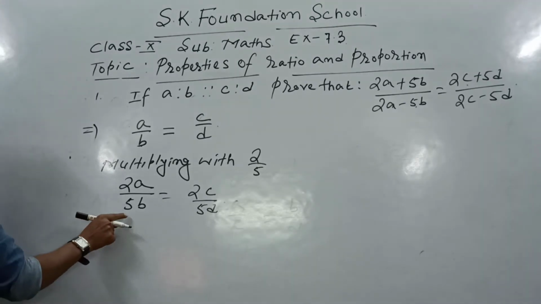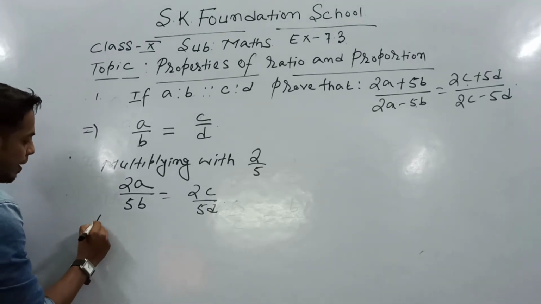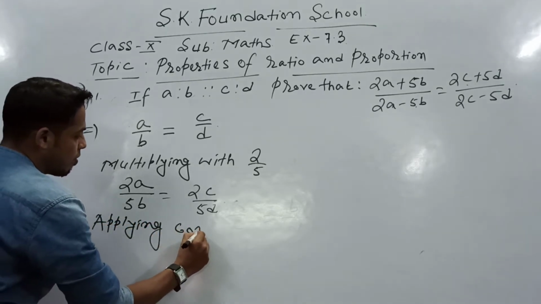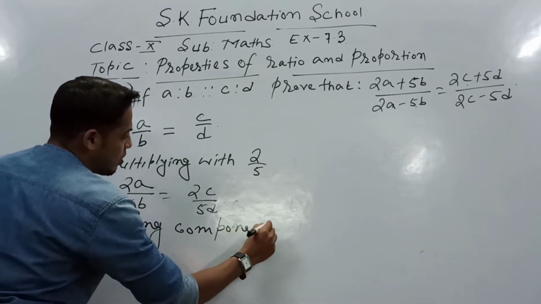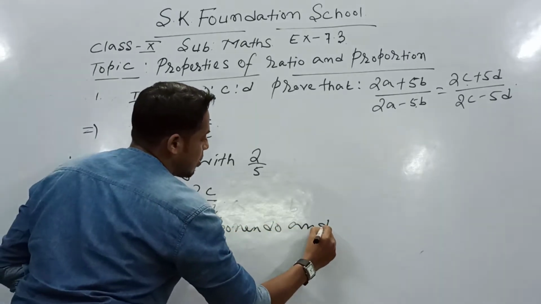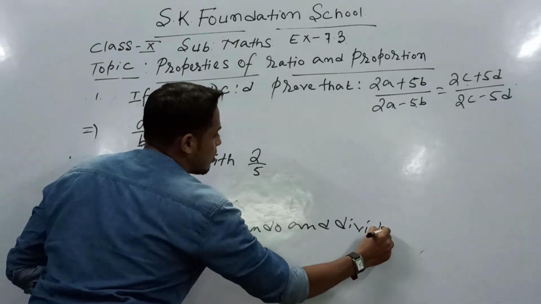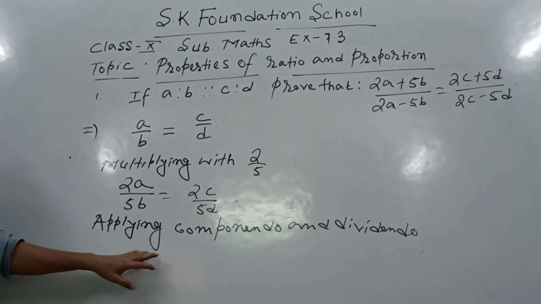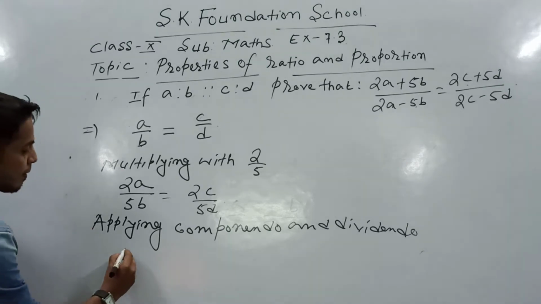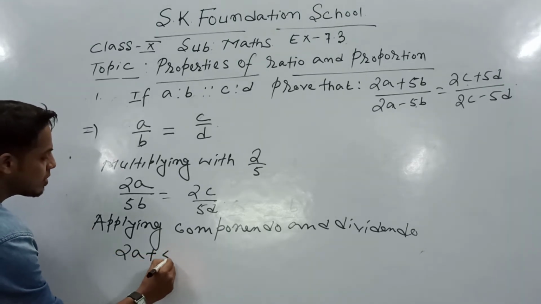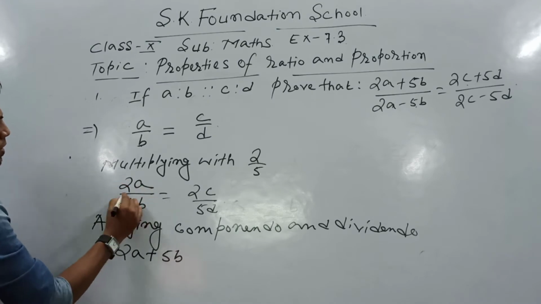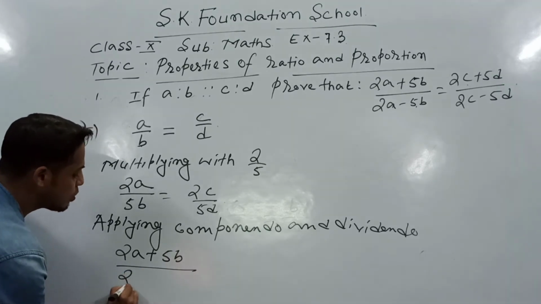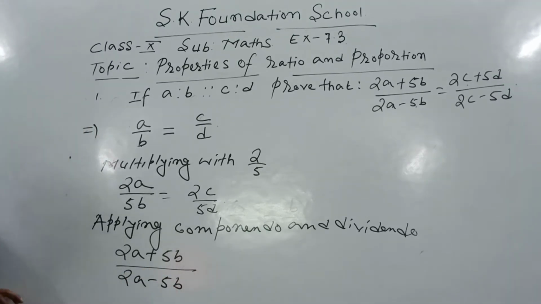If we apply componendo and dividendo here, in the numerator portion, numerator plus denominator, that means 2A plus 5B, and in the denominator portion 2A minus 5B, right?